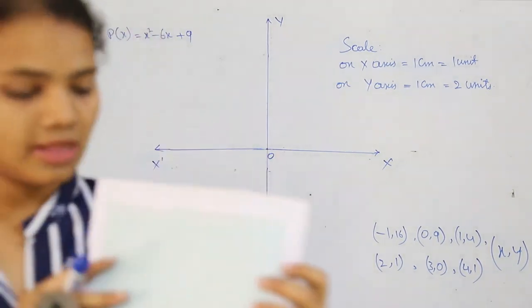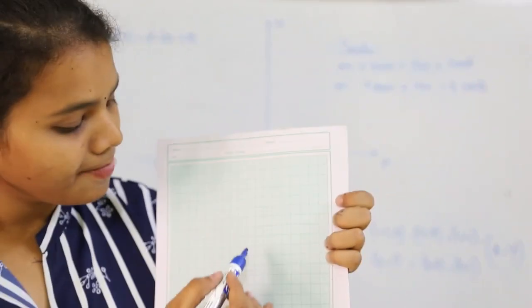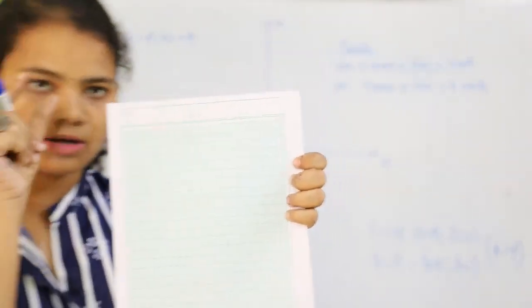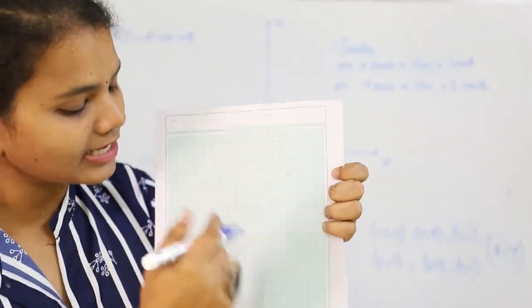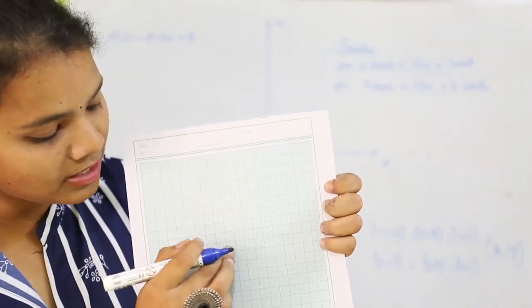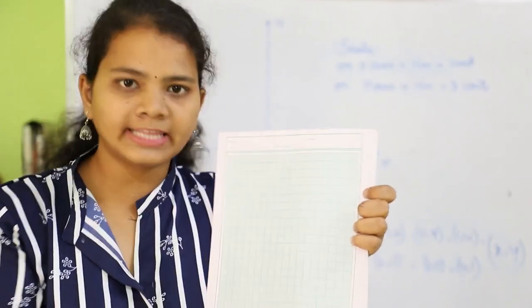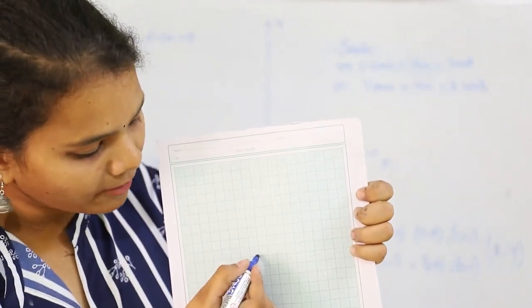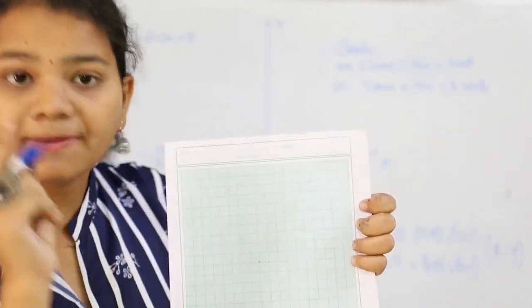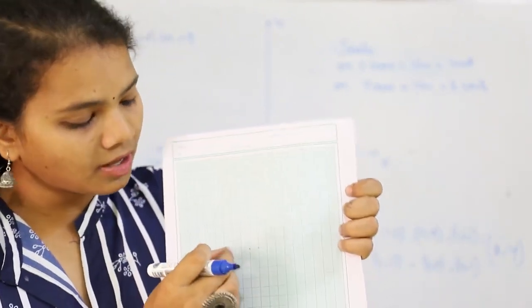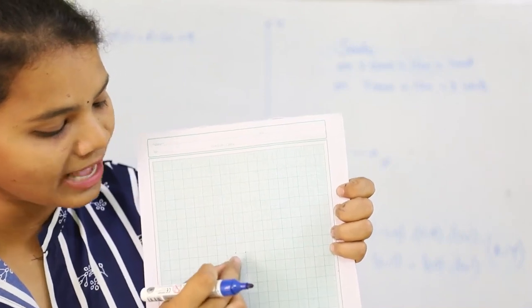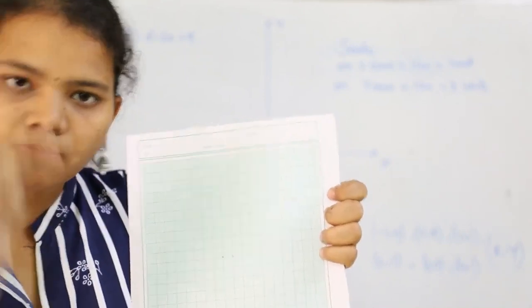Let's look at the graph over here. This is the graph that I have got. You can see the lines running parallel, horizontal and vertical, and the thicker lines. Observe the green thick lines. From this point to this point will be 1 centimeter, and here you will have 10 tiny lines.